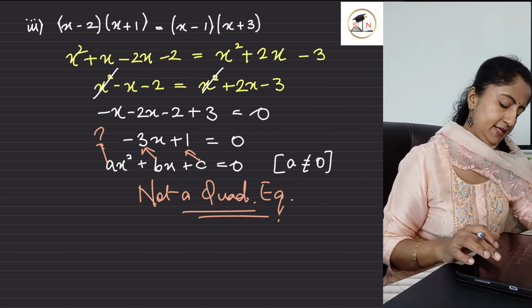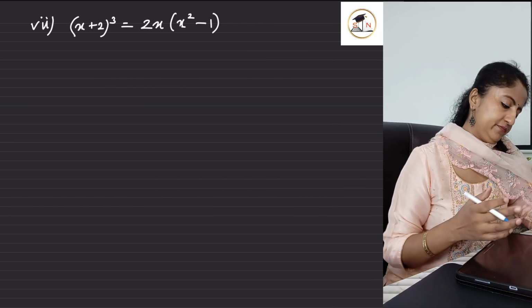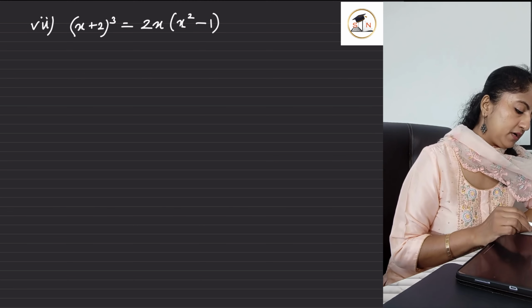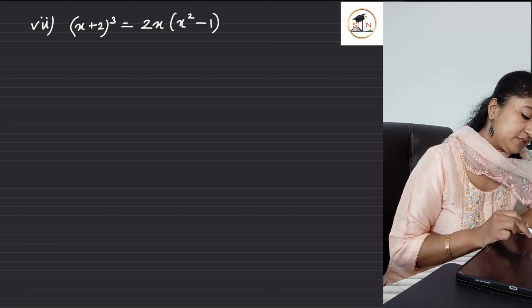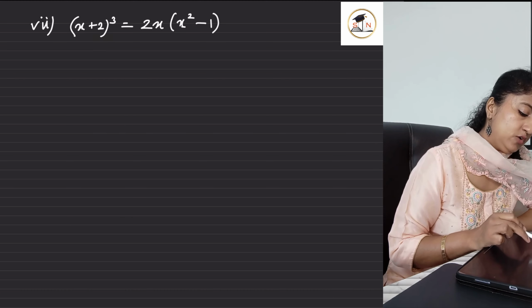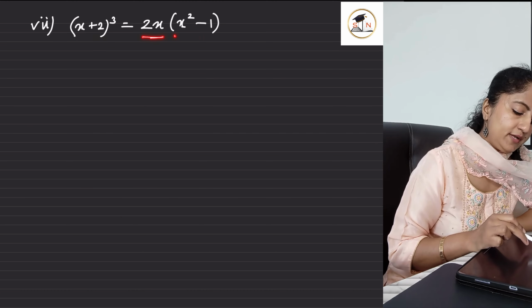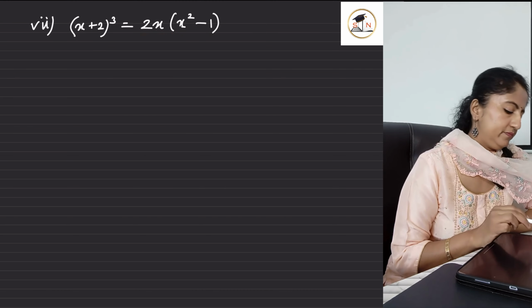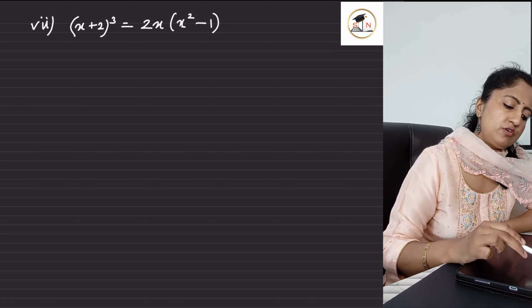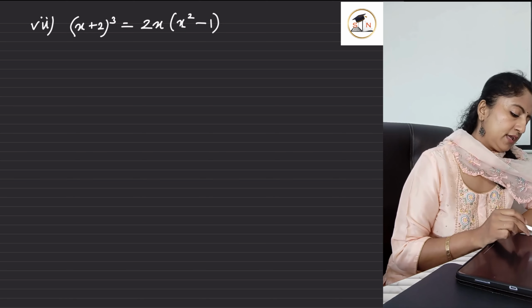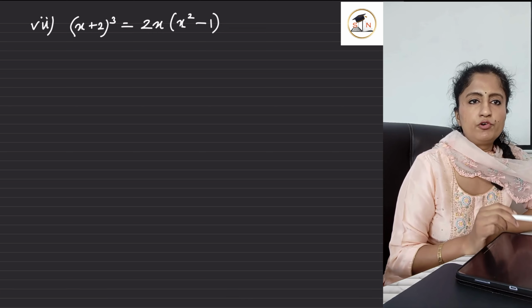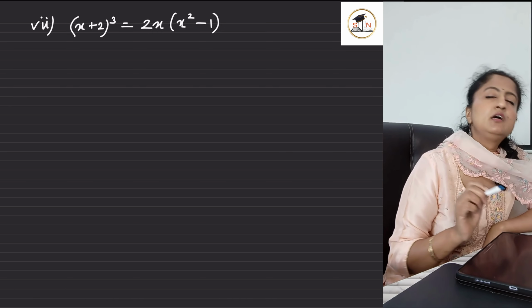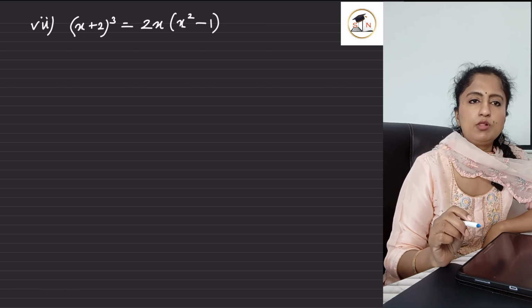Okay, now let's move on to another part. We are doing the seventh part now. We have x plus 2 whole cube equals 2x into x square minus 1. Now, I'm sure that most of you will be thinking, what was the identity? Guys, do revise class 9th all the identities.